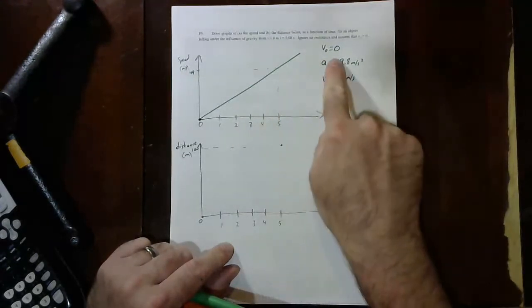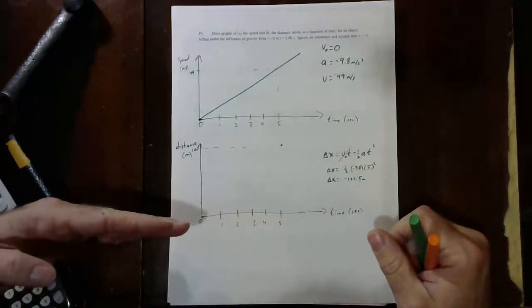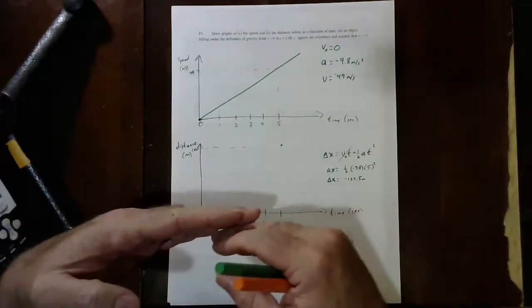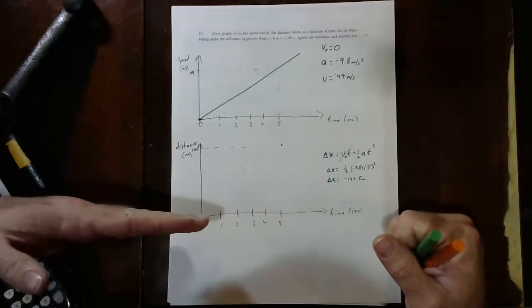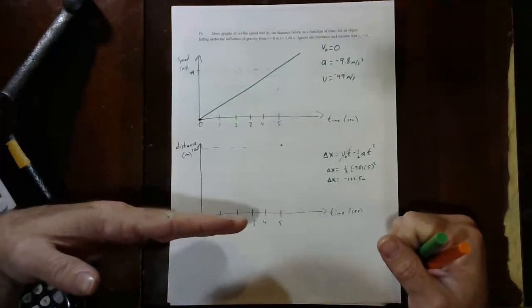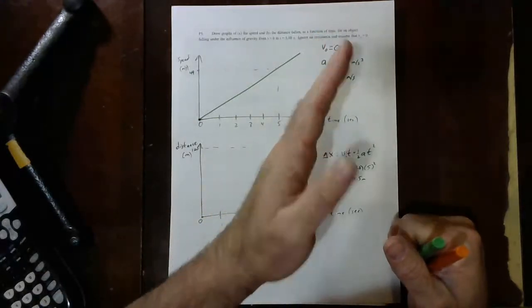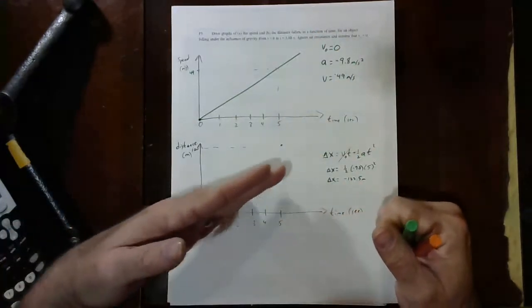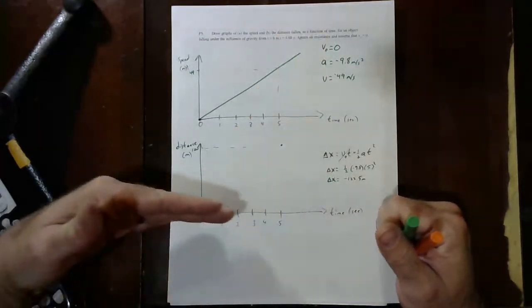At the start, the velocity is 0, so the slope here is going to be 0. A 0 slope is like no rise for your run. Rise over run is slope, and that's 0. So I'm going to have to go from horizontal to really steep, a slope of 49. So this thing's going to be going really steep by the end. So it's going to be a curve like so.